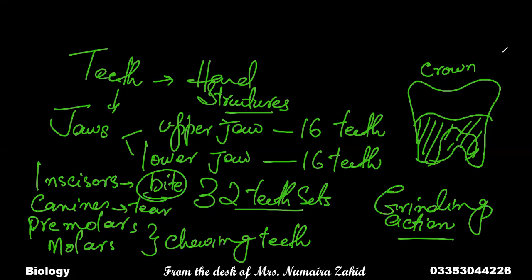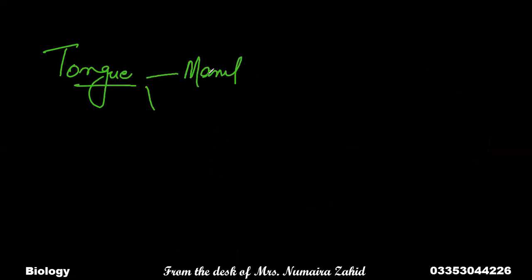What happens during grinding of food in the oral cavity? The tongue plays a very important function in manipulation of food, because it helps the food to move from right to left and left to right. It helps in mastication of food.